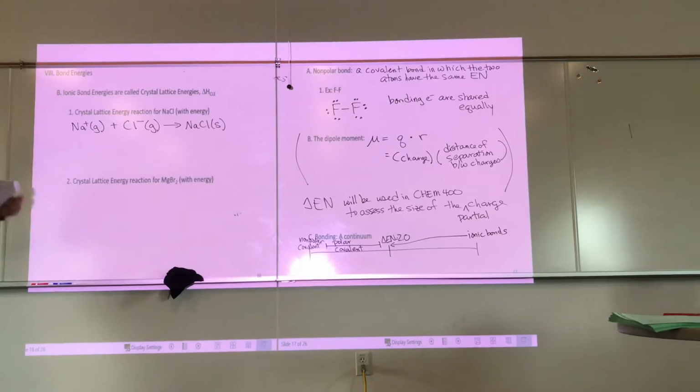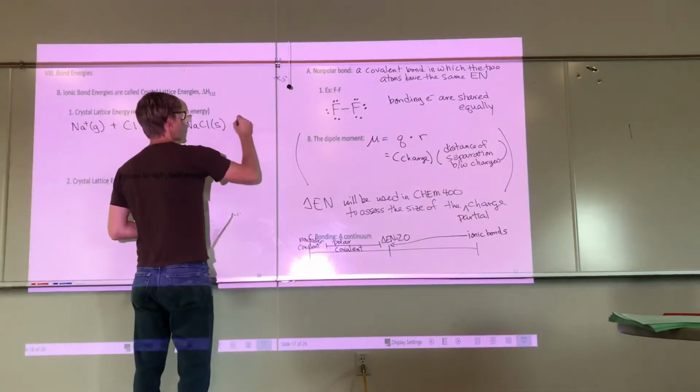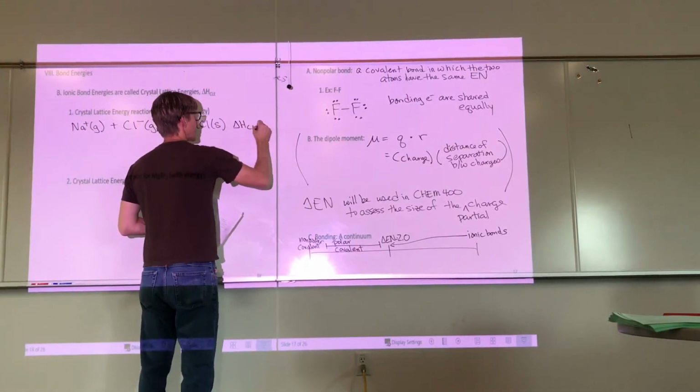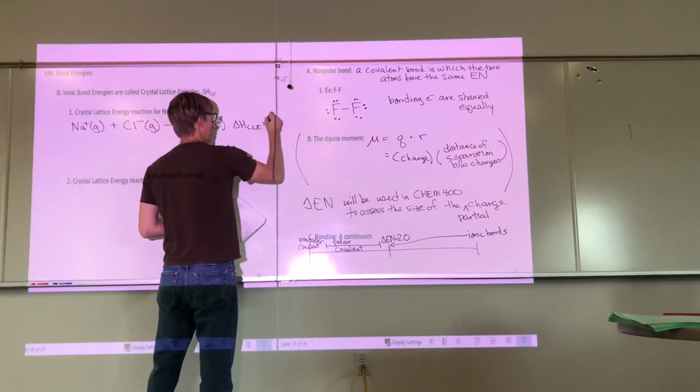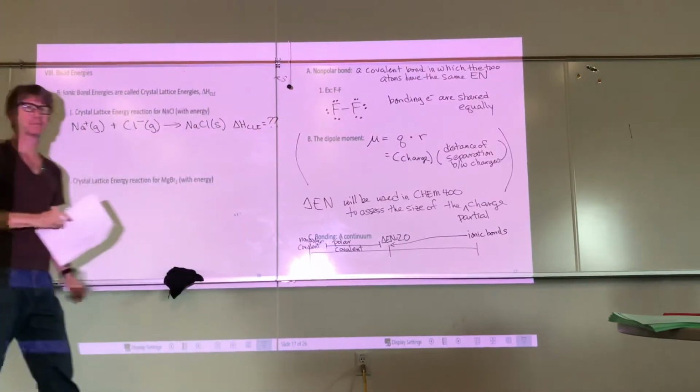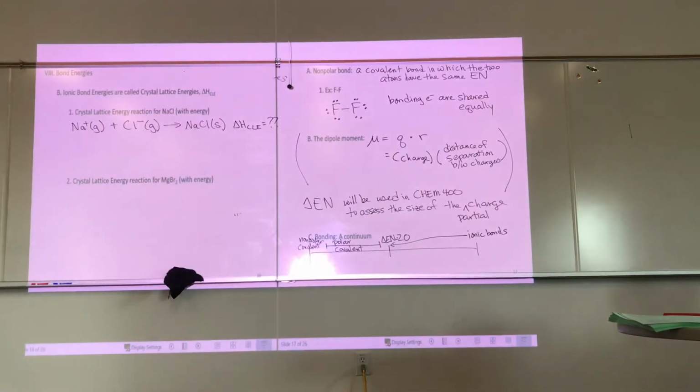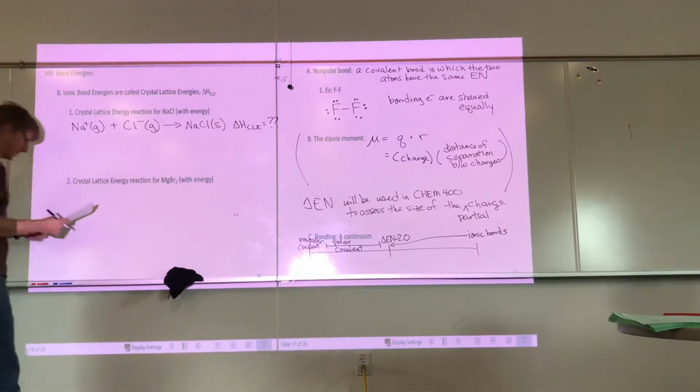Now there is an energy associated with it. It's called delta H of the crystal lattice, and as of now, it's a mystery. But similar to what we did in Chapter 6 for thermochemistry, every single reaction we write has a delta H associated. We can do the same thing for magnesium bromide.